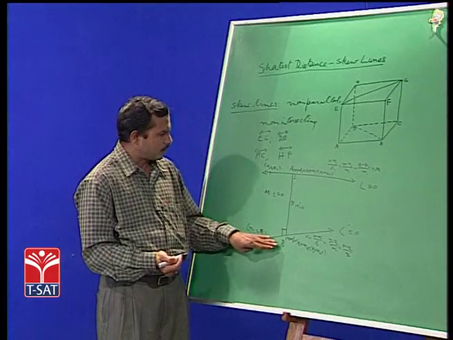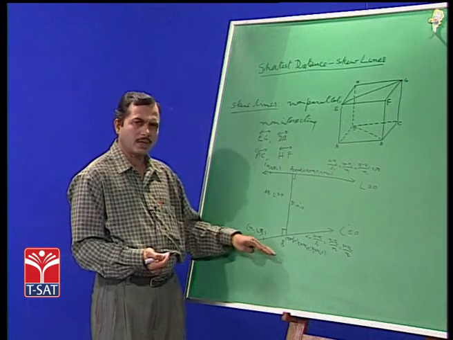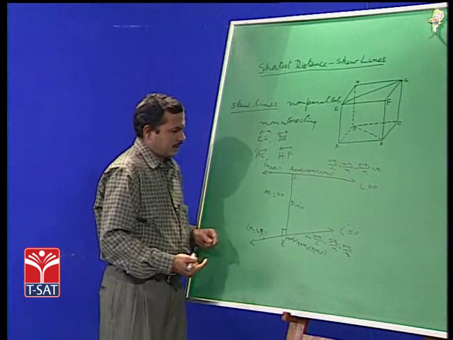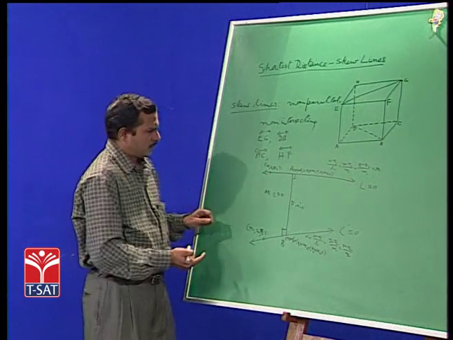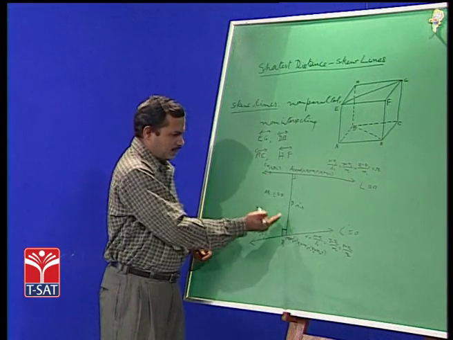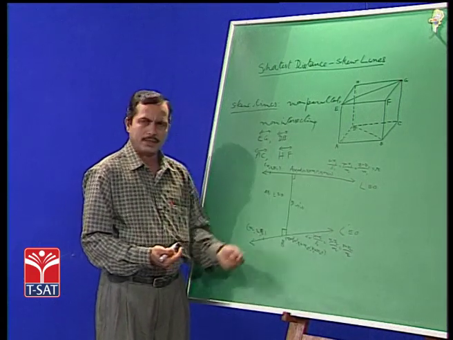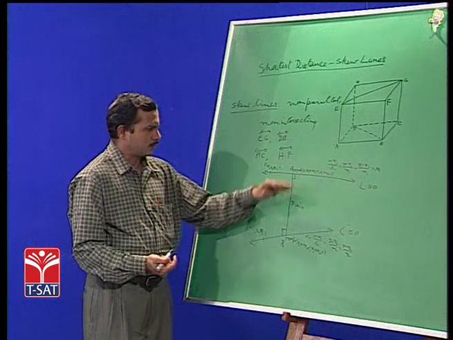Because we know the coordinates of the points capital A, capital B, we can write down the direction ratios of the line AB, or of the line segment AB, as the corresponding differences in the coordinates, maintaining order.